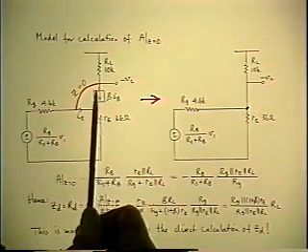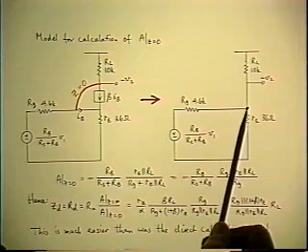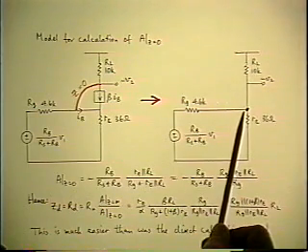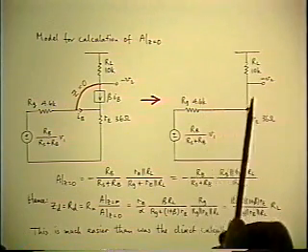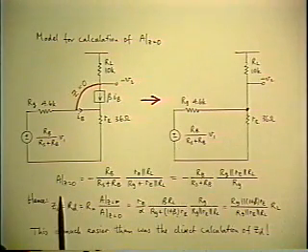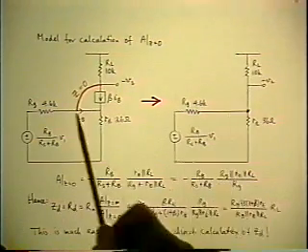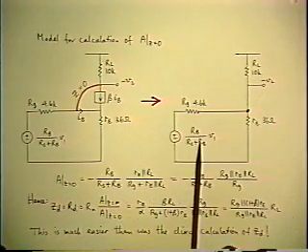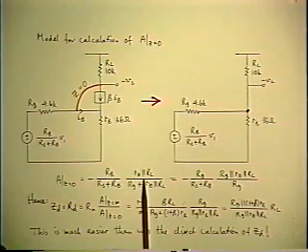Because if you short the collector to the base, the transistor collapses to a point, like a black hole. And all you're left with is a simple resistive divider to calculate the gain, V2 over V1. So here it is. The gain when the Z is 0 is the divider ratio from the Thevenin equivalent that you have to begin with, and then the other divider ratio that comes out of the circuit model, which is this.